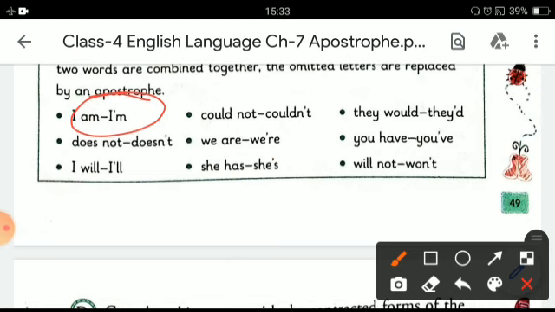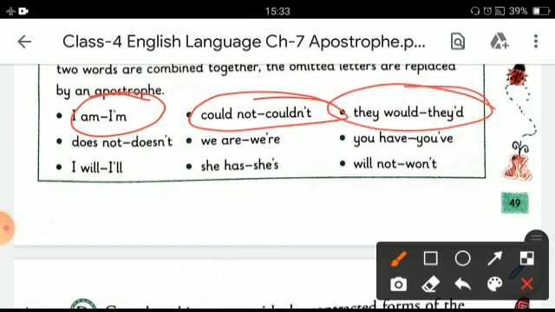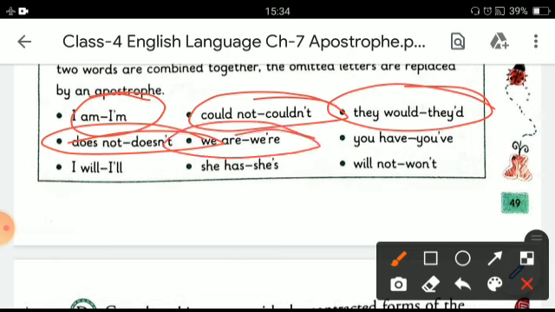Could not will be written as couldn't. They would will be written as they'd, like this. Does not as doesn't. We are will be written as we're, like this. You have will be written as you've.